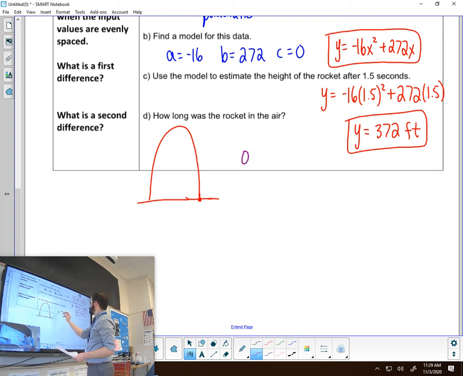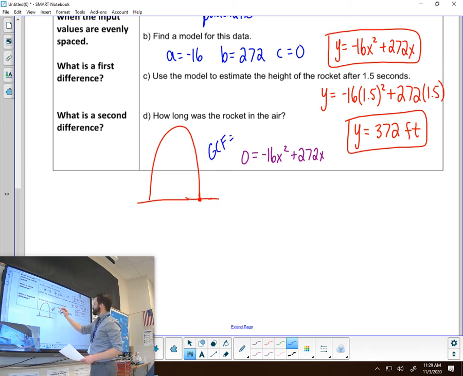So I'm going to go 0 equals negative 16x squared plus 272 times x. Then we're going to factor and solve. So to factor this one, our first thing is we're going to pull out a GCF. My GCF for this one's going to be negative 16x.